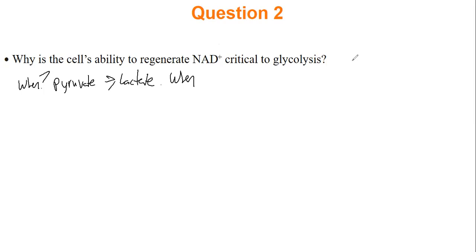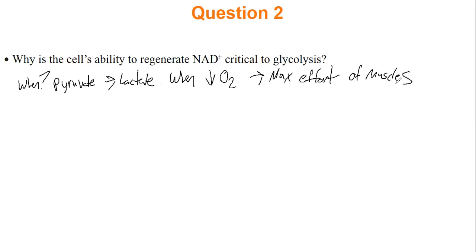So pyruvate goes to lactate when we are low in oxygen. We don't have oxygen around. As animals, when don't we have oxygen on the cellular level? That happens when we are at maximum effort of muscles.